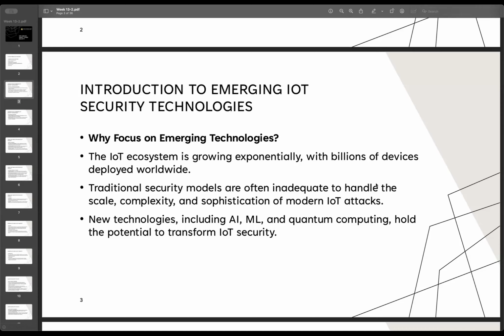Because we need to adapt to the new technology. Nowadays we use AI and machine learning a lot, even the direction of the industry is going this way, right? Or maybe we have the quantum computer.